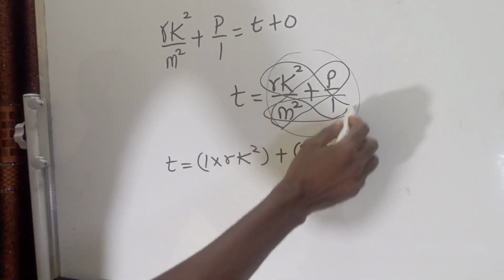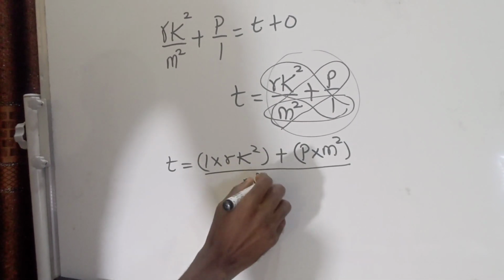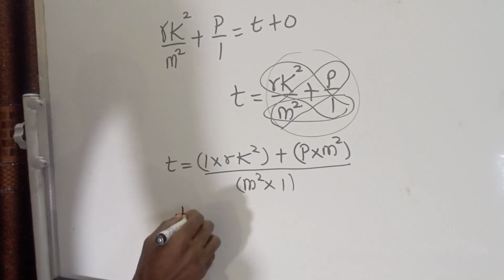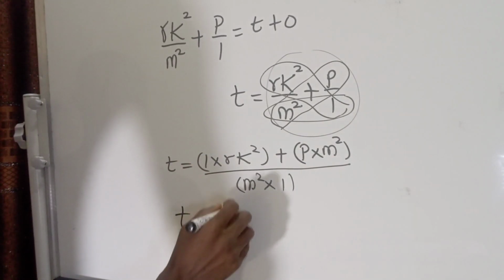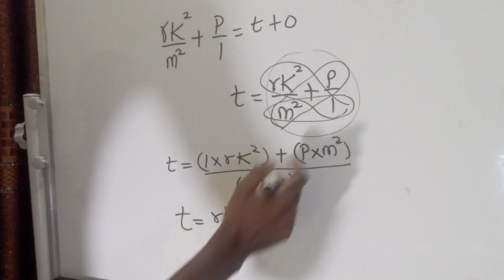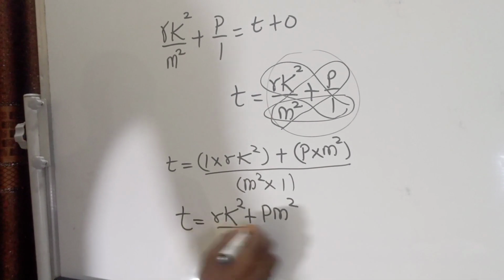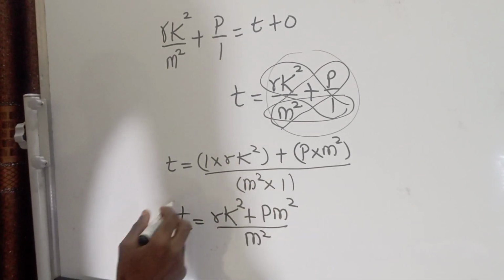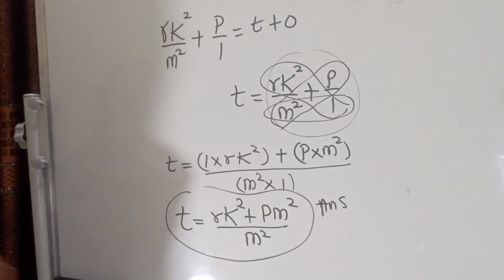And finally, the denominators will multiply, so I have M square times 1. So our final answer to this problem will be T is equal to 1 times R K square, which is R K square, plus P times M square, which is P M square, divided by M square times 1, which is M square. So this gives us our final answer to this problem.